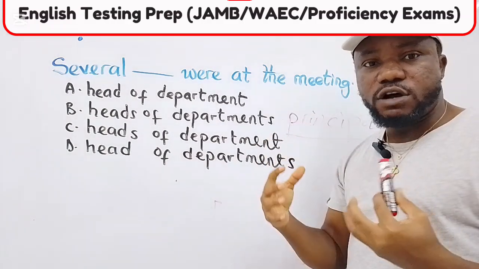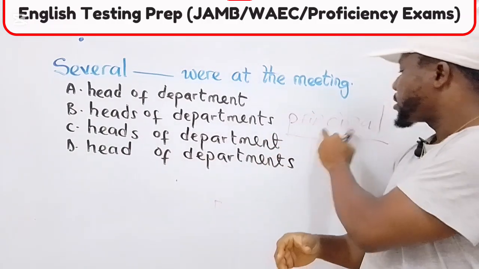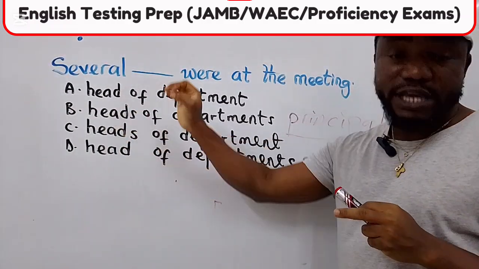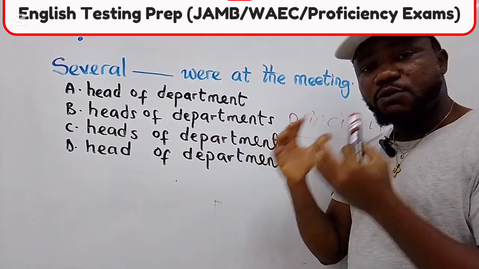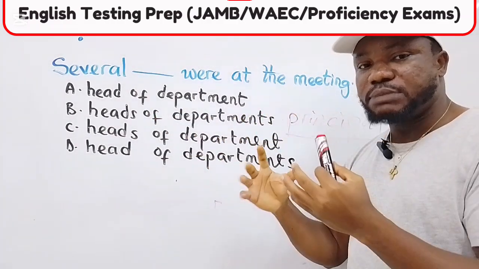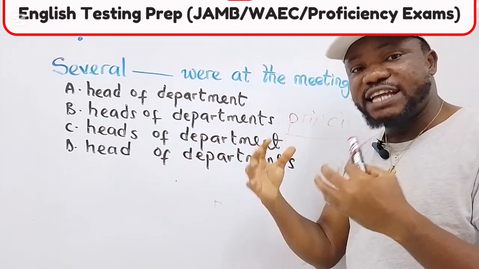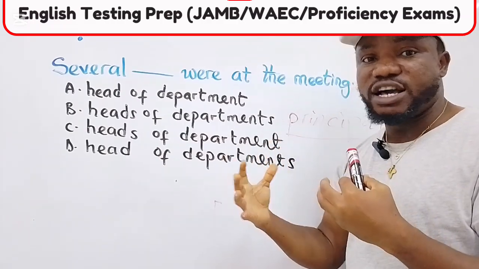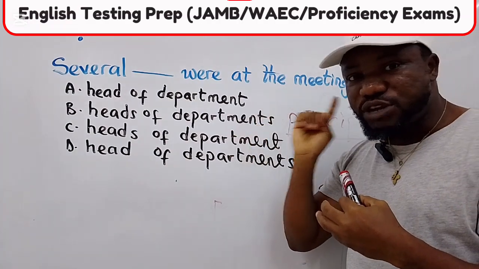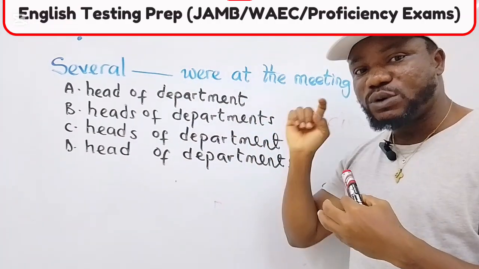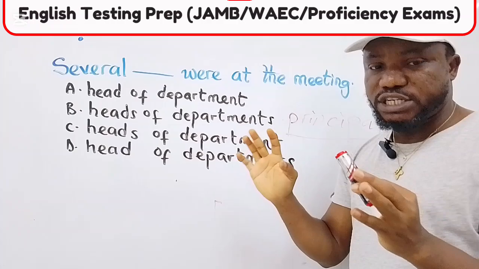First of all, identify what the principal noun is in the given group of words. Now, when you figure out what the principal noun is, the next thing is to pluralize the principal noun. Are we clear?